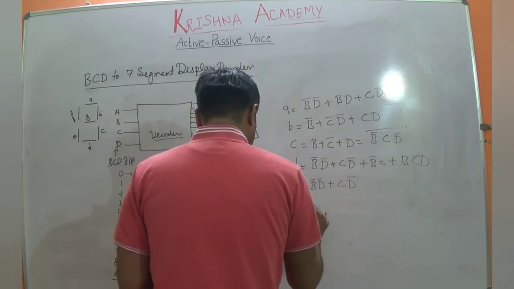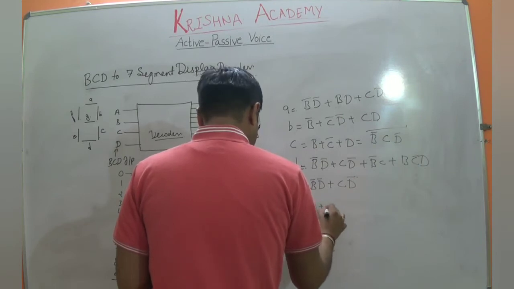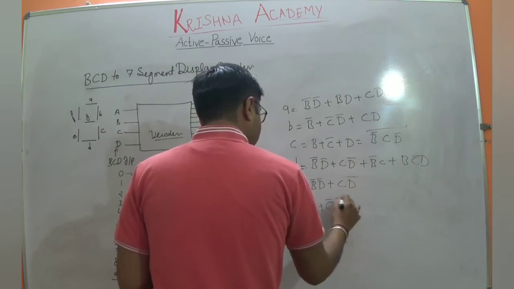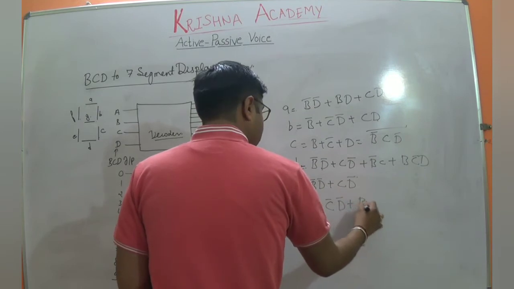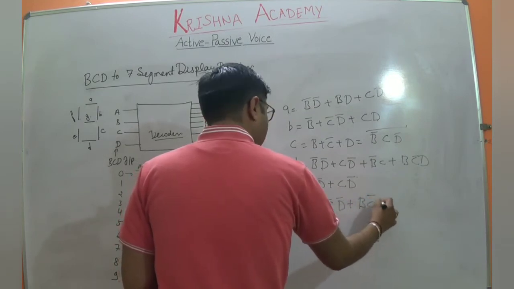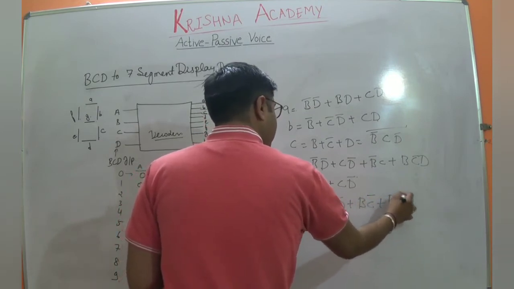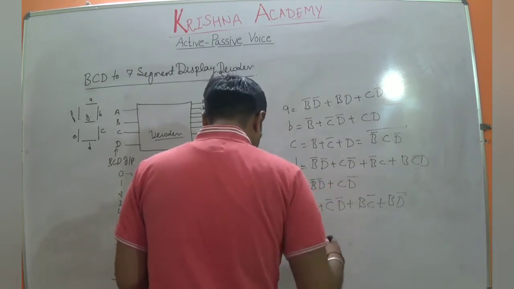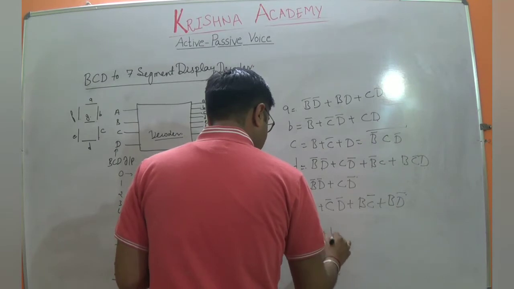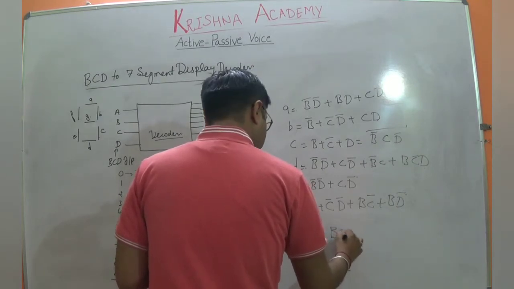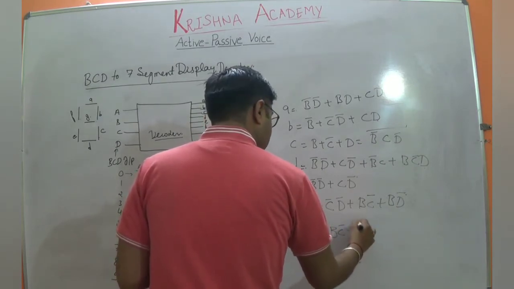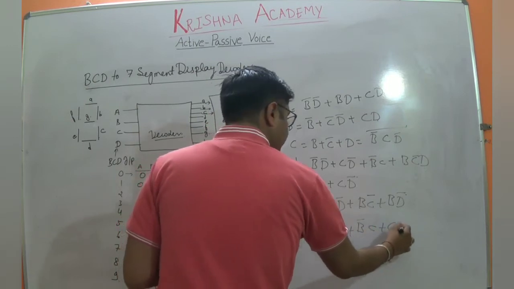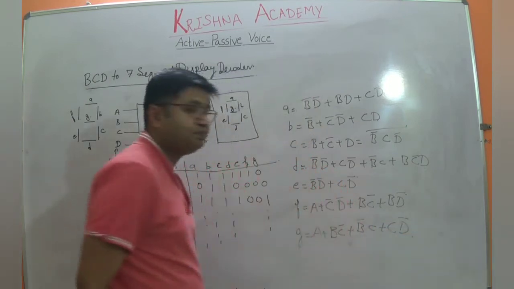F will come as A plus C bar D bar plus B C bar plus B D bar, and G will come as A plus B C bar plus B bar C plus C D bar.